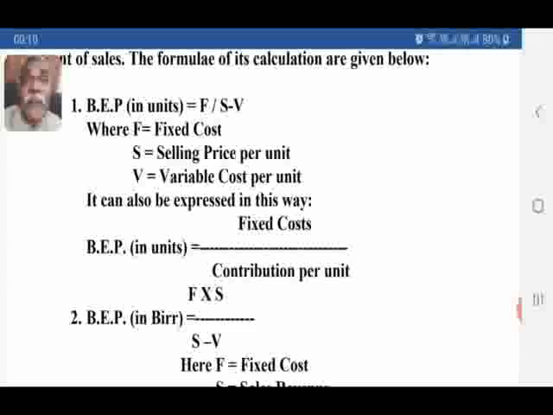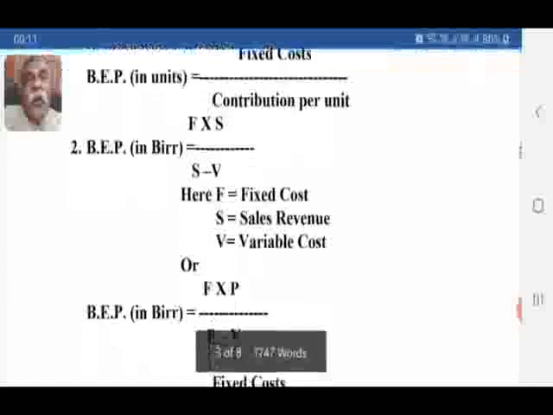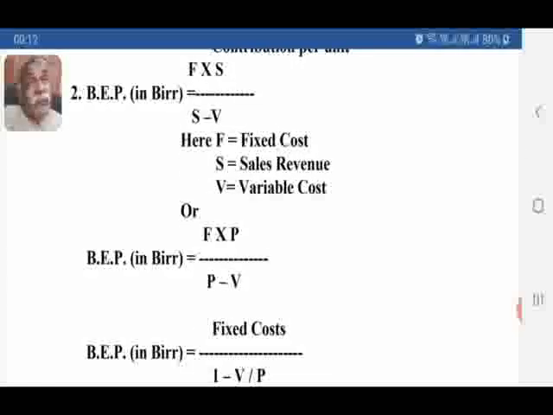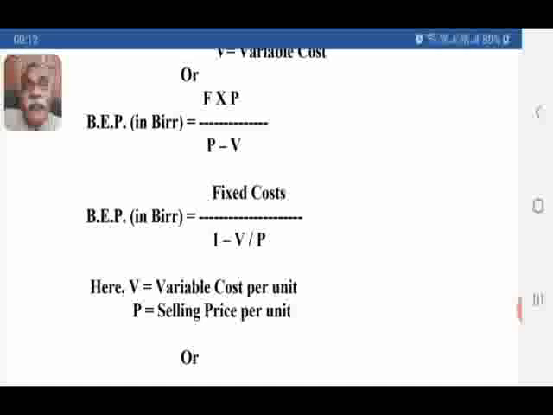And break-even point in rupees, or break-even point as fixed cost multiplied by selling price per unit.